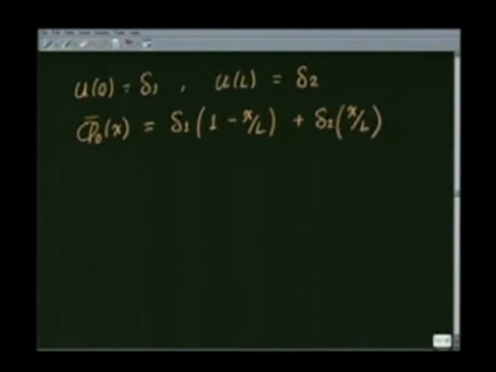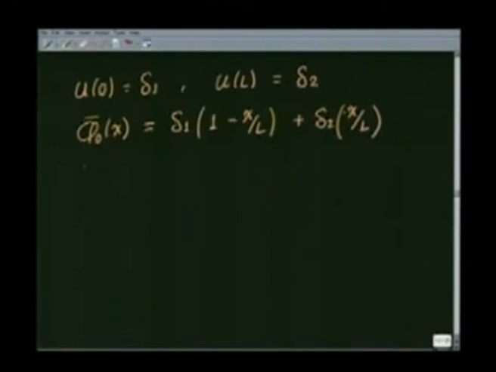If you look at this expression, at x equal to 0, we will get x by L equal to 0 and the other expression is equal to 0. So this is going to give me phi 0 bar at 0 is equal to delta 1.